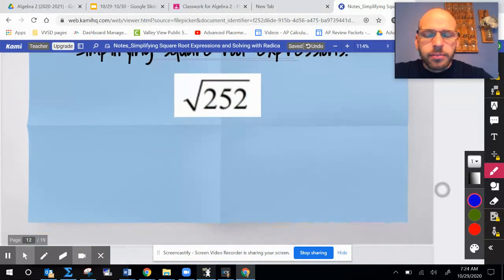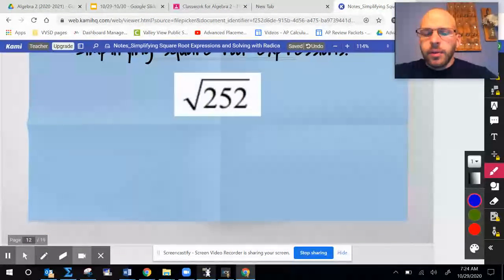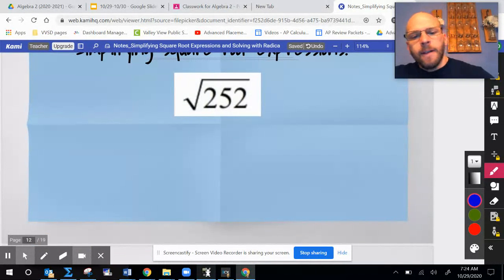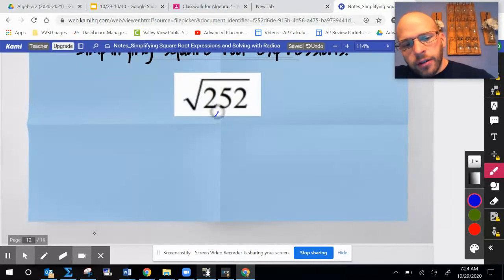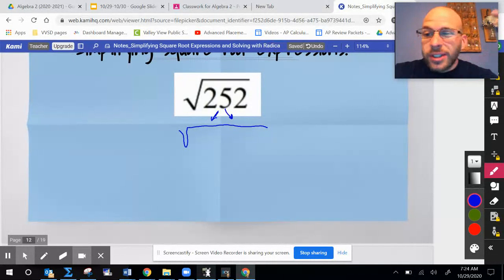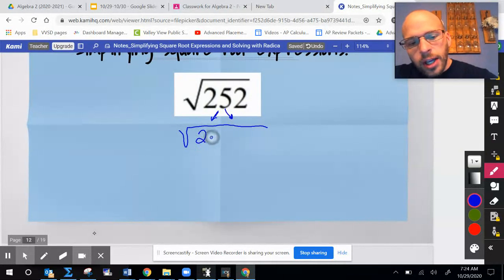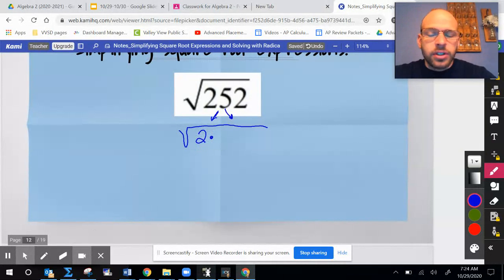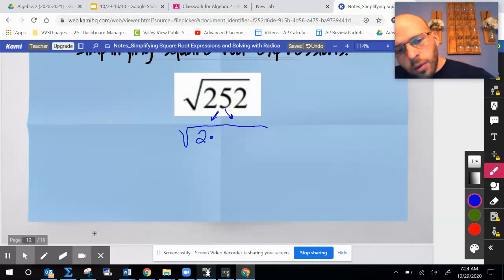I got another one. Practice makes perfect. Okay, we're going to break this all down. All right, so I need to figure out what to break this down into. I have no idea what divides into 252. I know it's even, right? So probably a 2. So 2 times, now if you divide 252 by 2, you get 126.